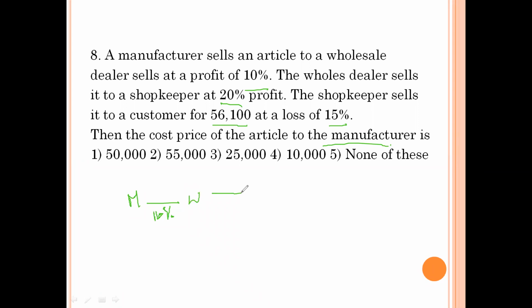The wholesale dealer sells it to a shopkeeper at 20%, with 120%. The shopkeeper sells it to a customer at a loss of 15%. So 100 minus 15 means for 85%, he sells to the customer with cost 56,100.